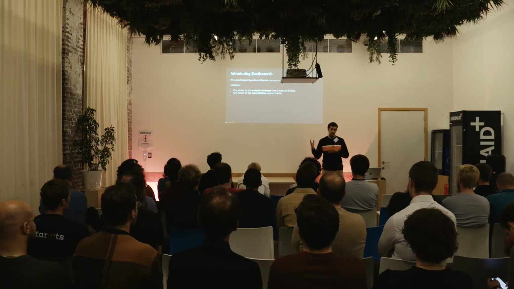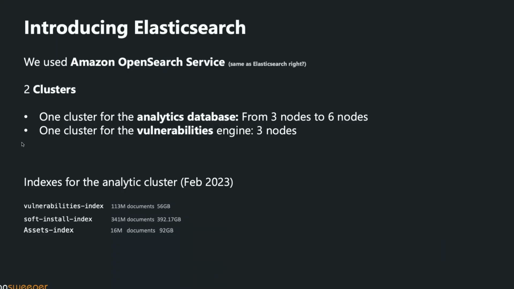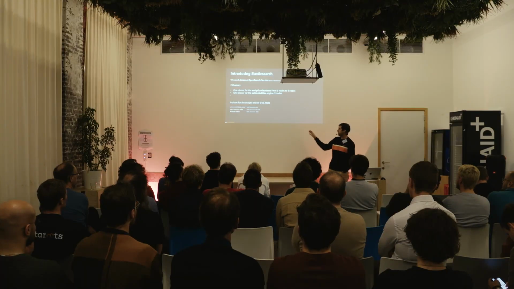Vulnerabilities are enriched in the cloud. And this is the size of the indexes we had in February 2023 when we did the switch: a bit more than 100 million vulnerabilities, 341 million software entries, and 16 million assets. So it wasn't a lot for that time, and it's also not a lot for Elasticsearch.